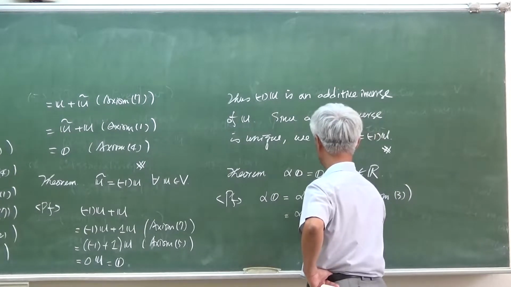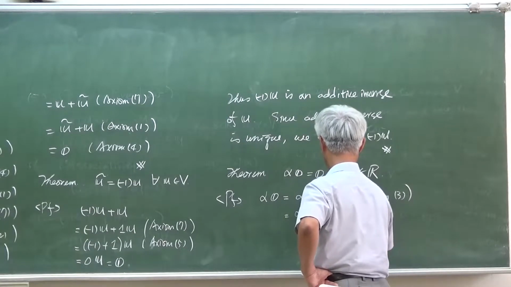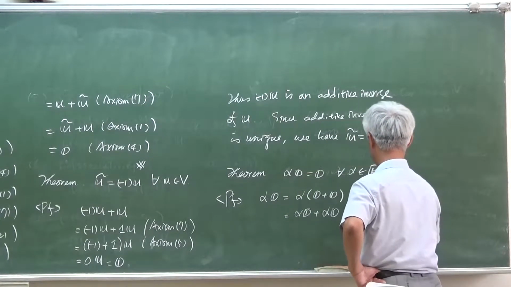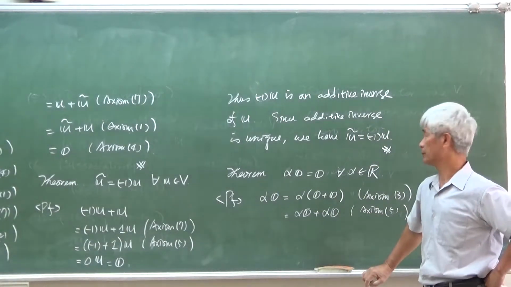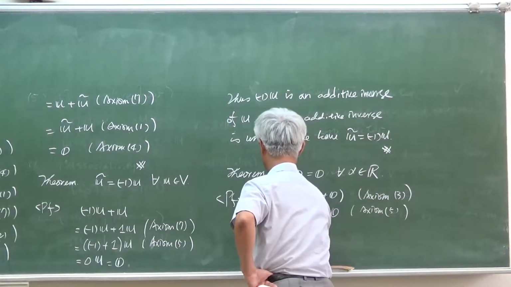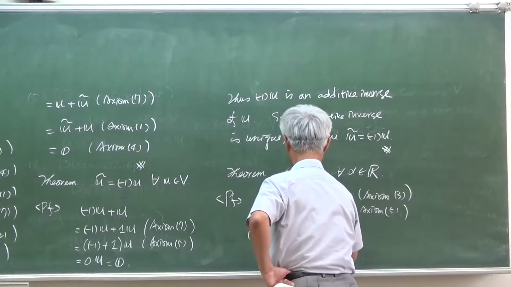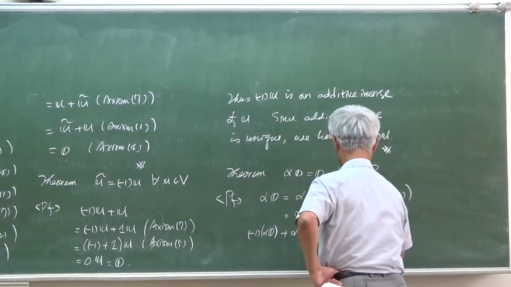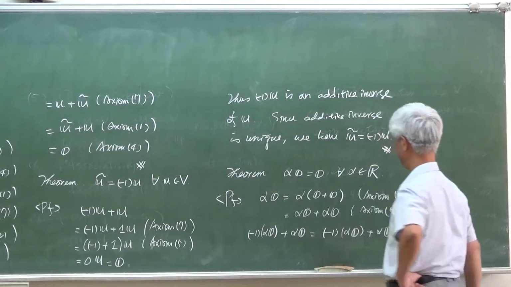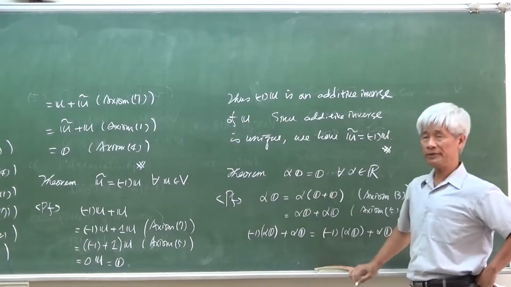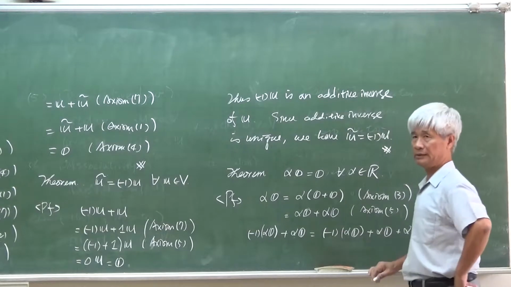And by the distributive law, so this is axiom 5. Okay, up to now. Now on both sides you add minus 1 times alpha 0.